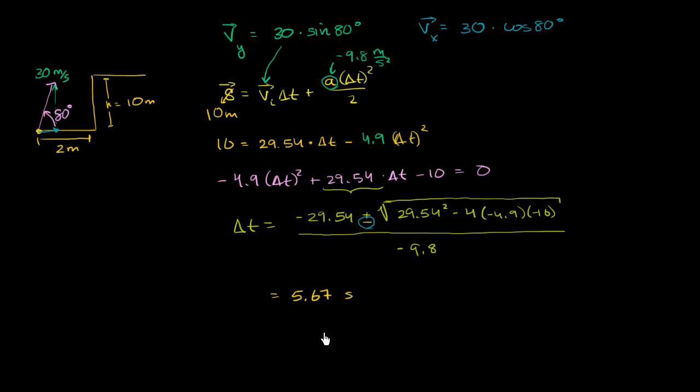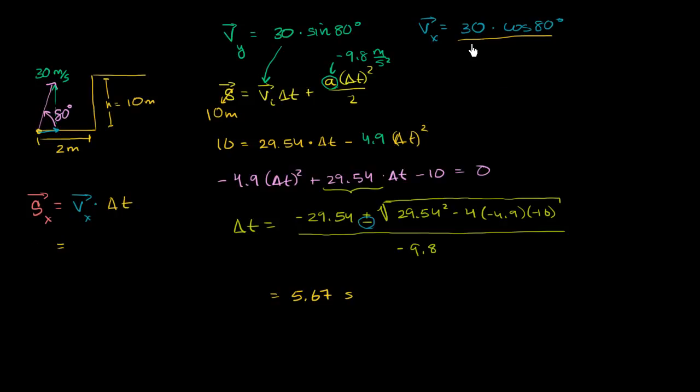Now, the whole point of this is to figure out how far along this landing we land. Well, our horizontal component of velocity is right over here. Our displacement in the horizontal direction will be our velocity in the horizontal direction, and it's a constant velocity, so it's the same as our average velocity, times our change in time.